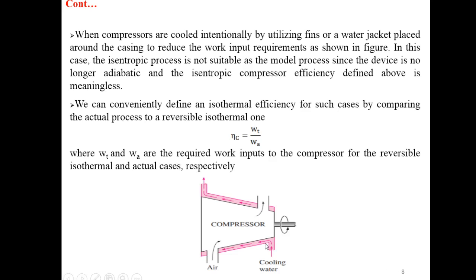You can see here a compressor, air in, air out, and a water jacket for cooling purpose. We can conveniently define an isothermal efficiency for such cases by comparing the actual process to a reversible isothermal process. That is, the efficiency of the compressor in this case will be Wt divided by Wa, where Wt and Wa are the required work input for the compressor for the reversible isothermal and actual cases respectively.